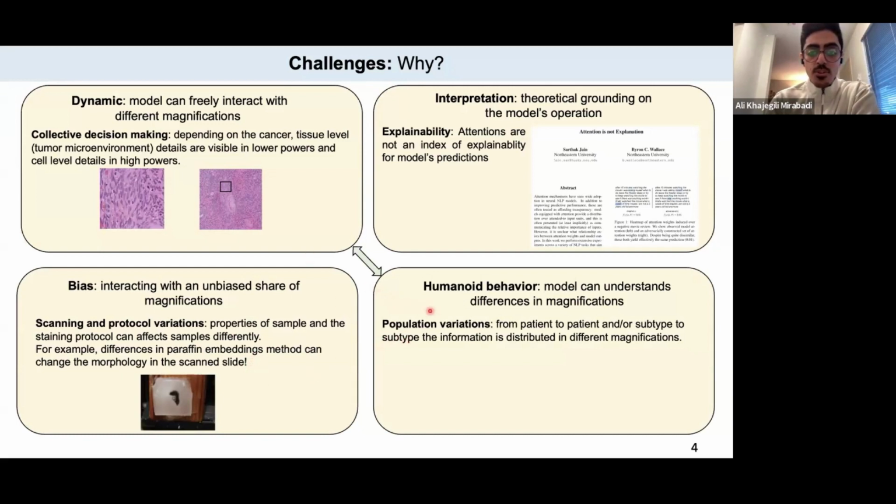The first and the fourth are connected, but the main point of having a humanoid behavior is to see if the model is able to understand patterns from patient to patient or subtype to subtype within our dataset or not, because we know that subtypes have some characteristics that are distributed in the data, and in histopathology data, it can be distributed over magnifications as well. So we need to see if our model is able to understand these differences or not.